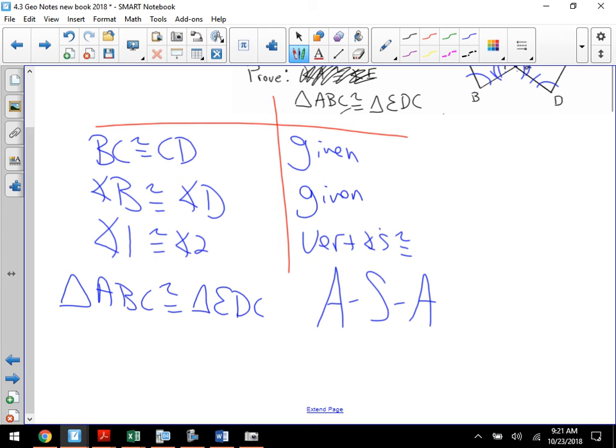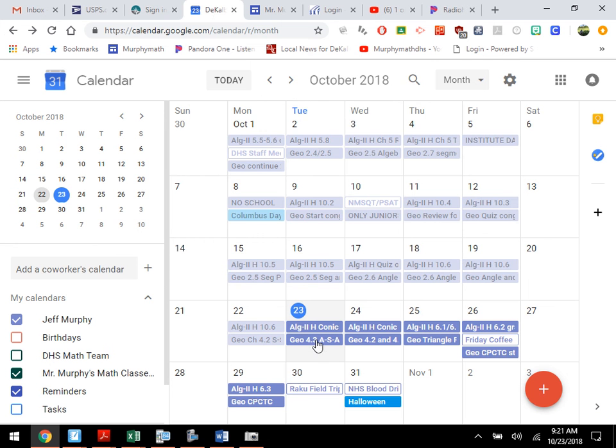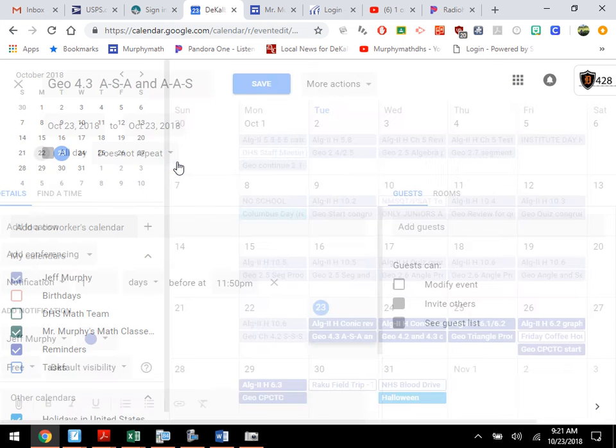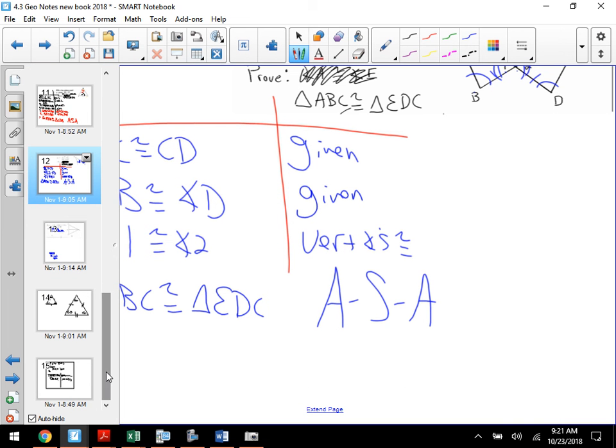If I'm not mistaken, I think I already put on the calendar which problems there. Let me look. I did not. Let me pull this up real quick and write it in here. It was angle side angle on that one. I forgot to put it on the calendar. I have it written down on page 238.